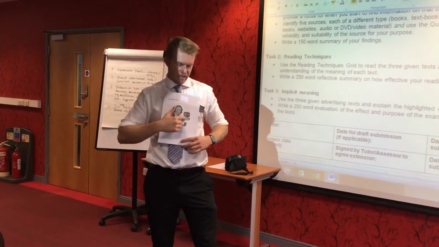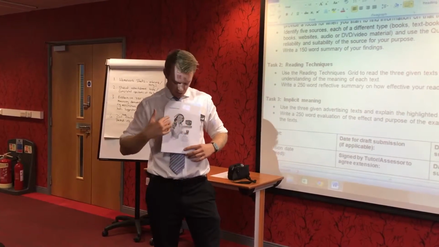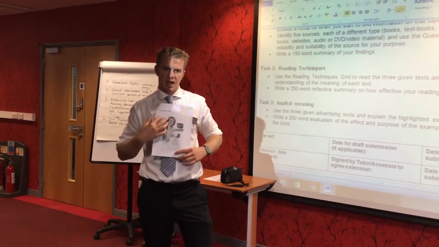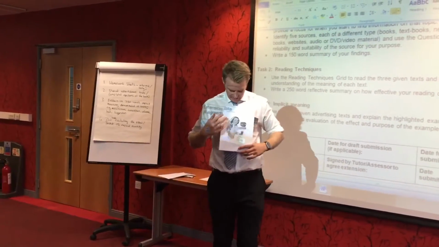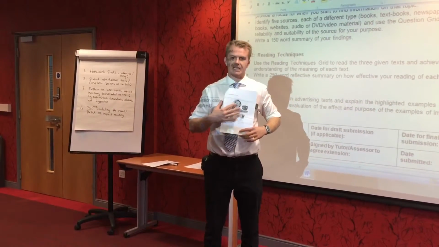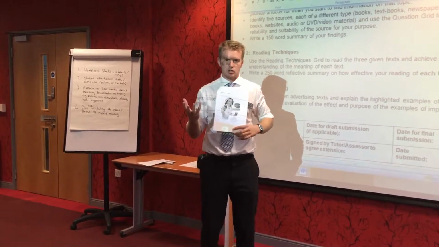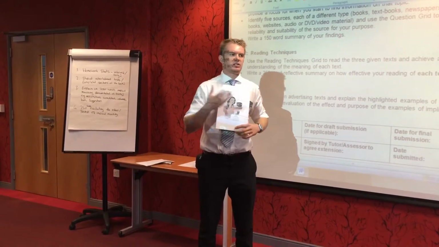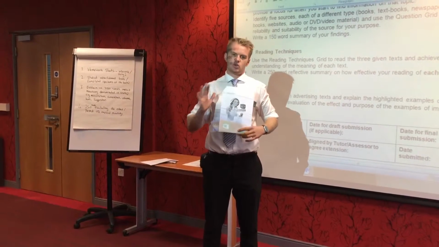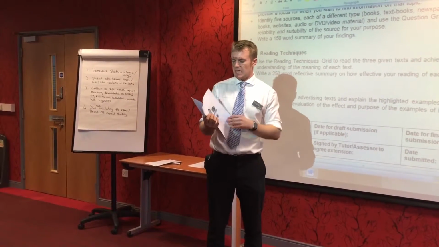You can see they're trying to bring in the American diner at the back with the Coke box. What are the different colours? Although this is black and white, you can see here that they're really trying to sell Coca-Cola to you, make it look good, make it look fashionable. You can want a sip of this, you can chill, you can relax. So there's lots of examples of implicit meaning there.